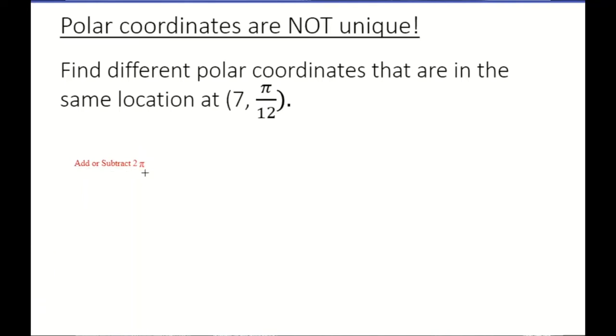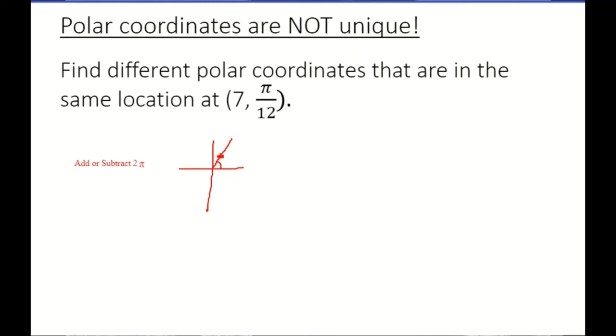So let me just do a quick little sketch here. So let's say we've got a point that's right here, right? So if this is my angle that the point is on, the terminal side that the point's on, if I rotate one full revolution, I'll end up back where I started, right? So if I add 2 pi to my angle measure, I'm going to end up exactly where I started.